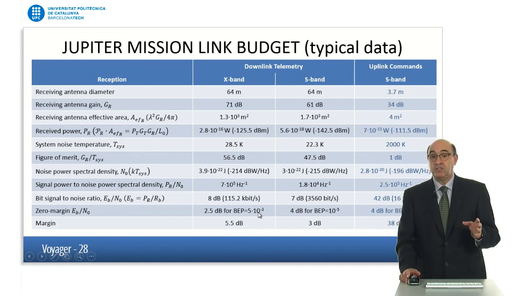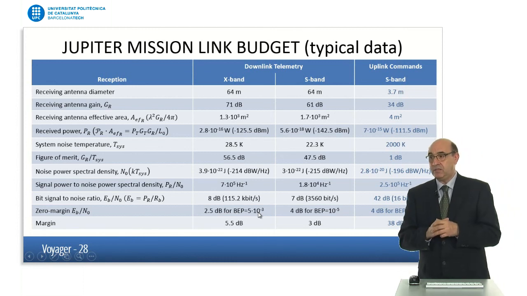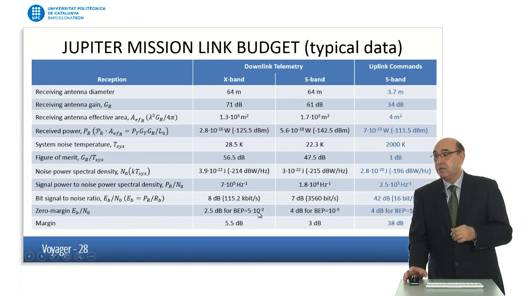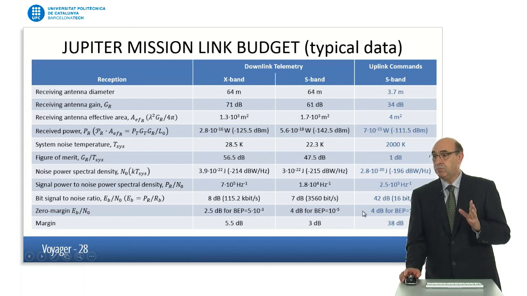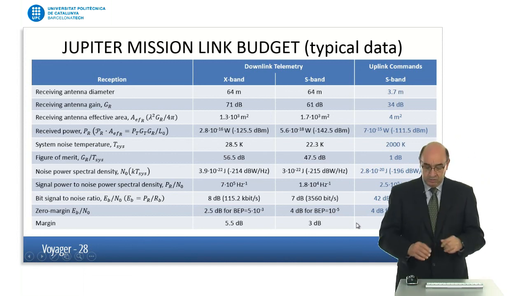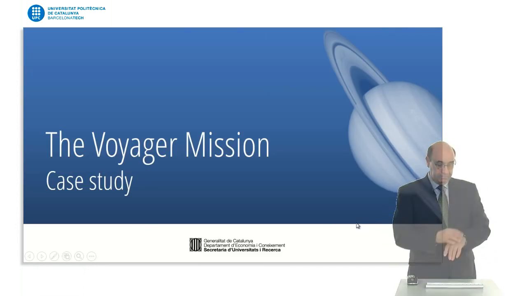Because this is an image. And there, if you lose some bits, you can still tolerate it in the image. You can process the image, you can improve the image. But on the data side, there you don't want to lose any instruction or any relevant bit. And those are the margins that we had for the mission in Jupiter.